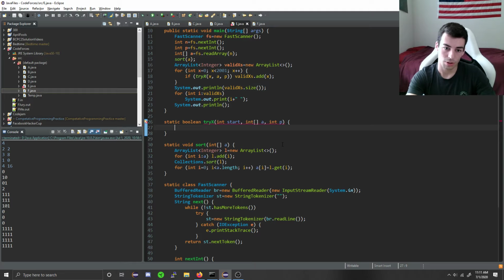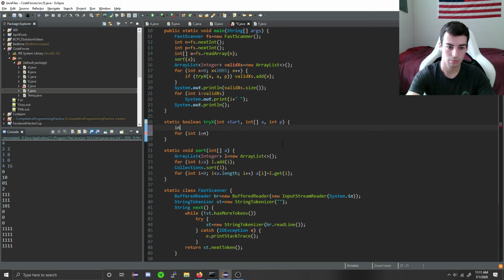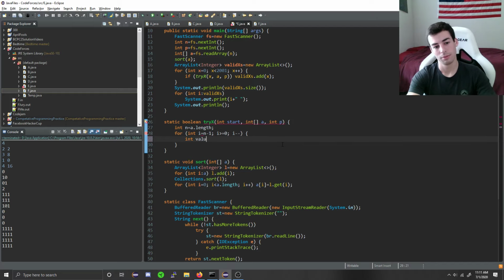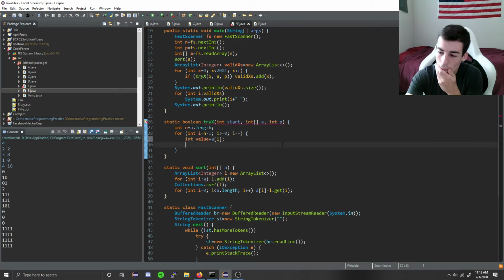In that case, what we can do is we can go from biggest to smallest. Does it matter? It matters how many of these there are.